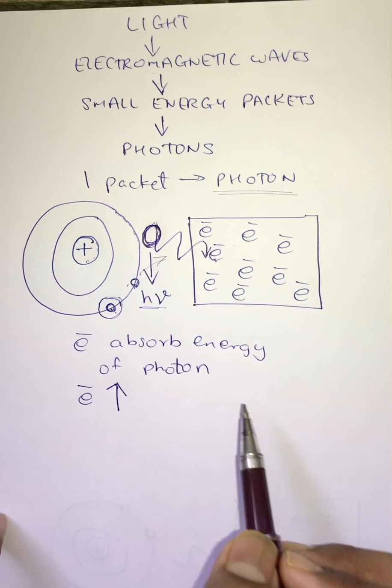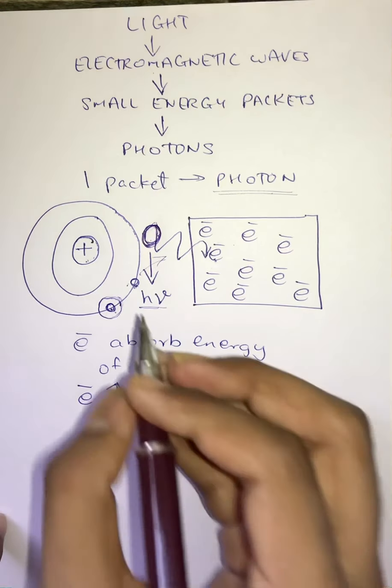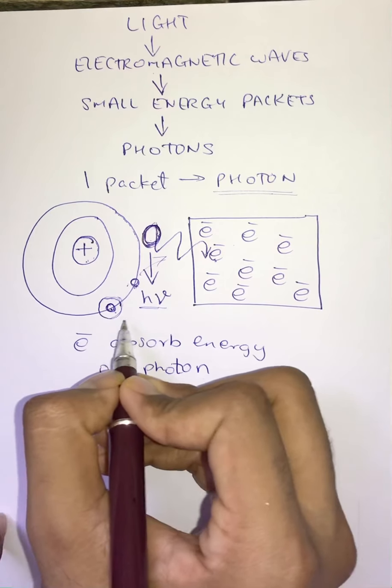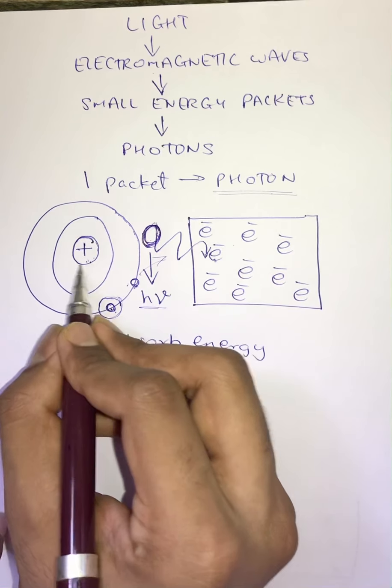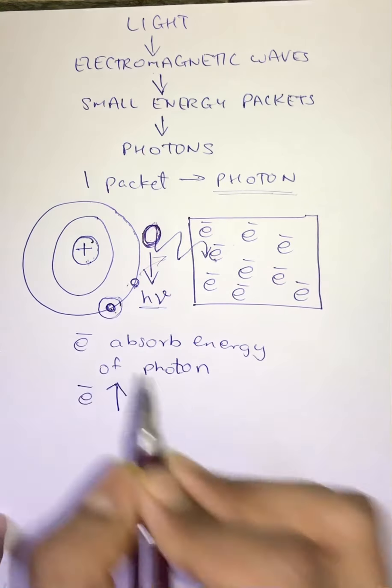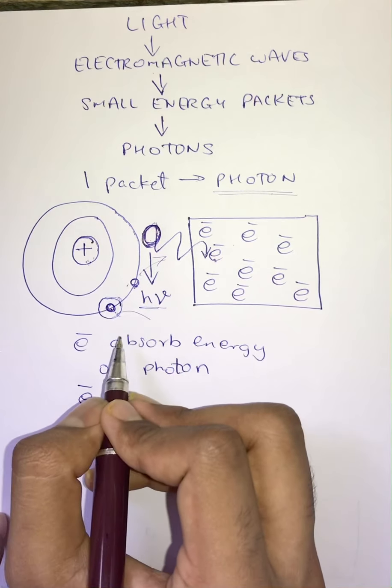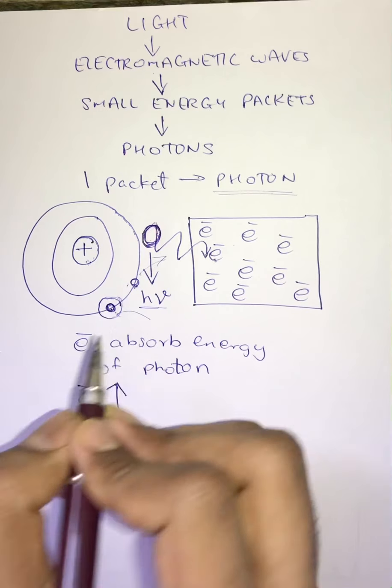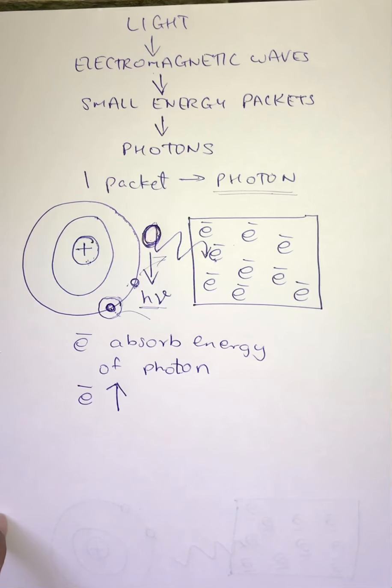After it gains energy, it will overcome the force of attraction of the nucleus. Earlier I said that the nucleus is not allowing the electron to move out of the atom. But now the electron has got more energy, and since it has got energy, it will overcome the force of attraction, and after it does, it is going to come out of the atom.